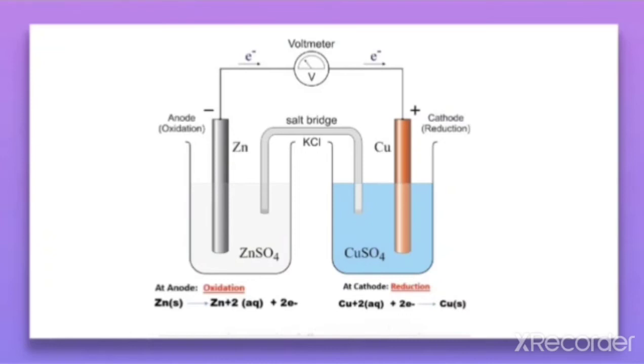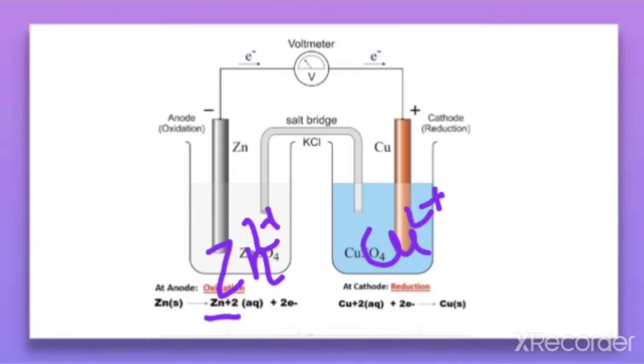In the anode region, the concentration of Zn2+ increases because the formation of zinc ion is taking place, and in the other, the concentration of copper ion decreases because the copper ion is converted into copper.